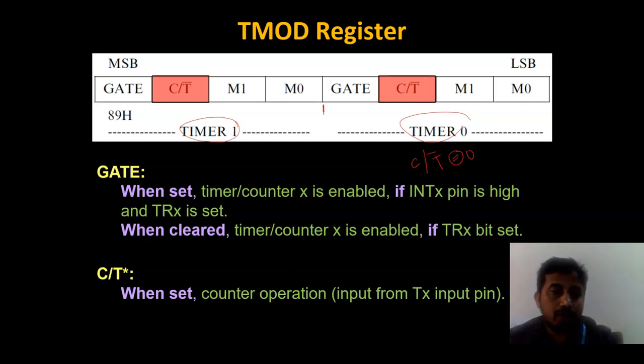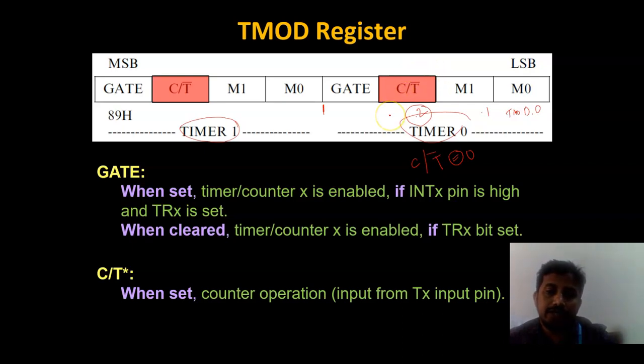So here, if we count the bits, if I mention the T0 bits, T0 dot 0, this is 1, this is 2. When you take this T0 dot 2 bit, if it is 1, it is a counter.